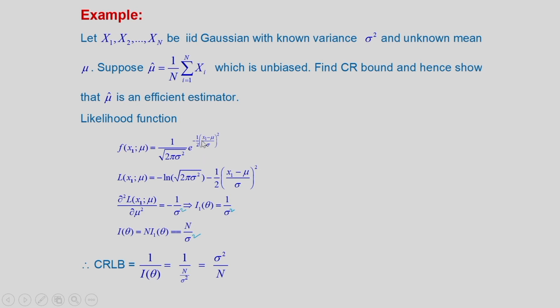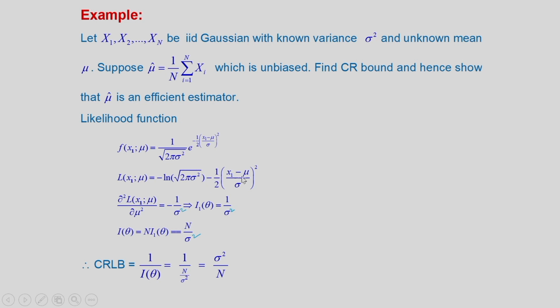So this is the likelihood function, and then the log likelihood function. For a single variable it will be like this; we are taking the logarithm, therefore it will be minus the log term, because 1 by sigma is there, and then minus half of x1 minus mu by sigma whole square. Now we have to take the second partial derivative.